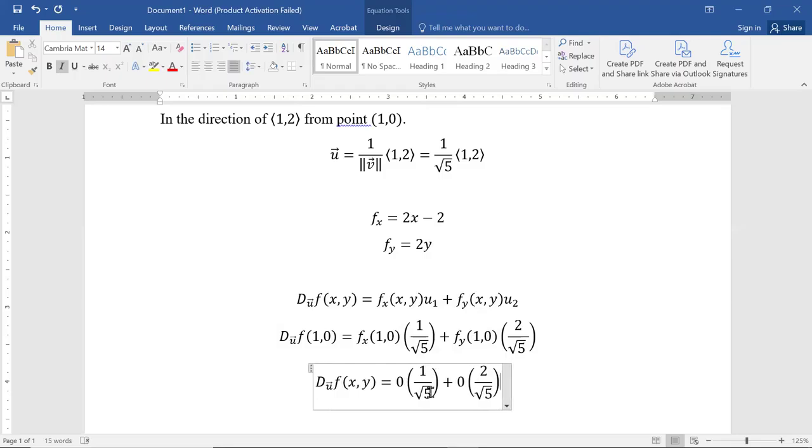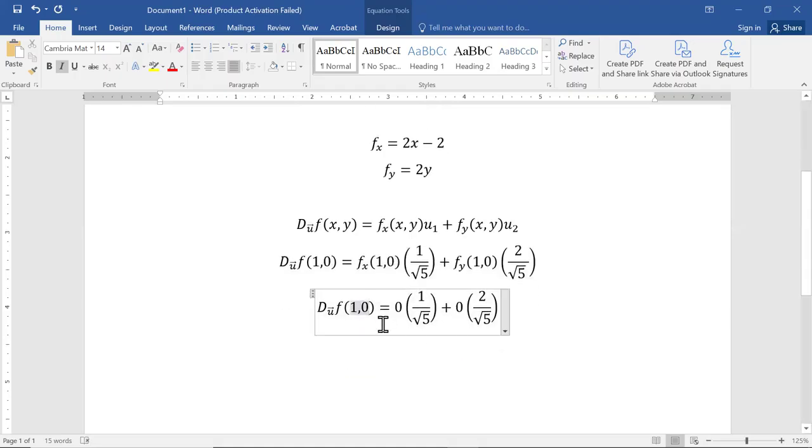So my directional derivative at the point 1, 0 is actually just 0. So my directional derivative at the point 1, 0 in the direction of u is going to be 0.